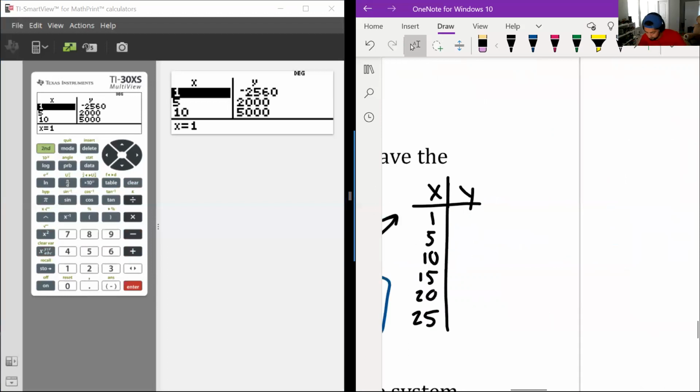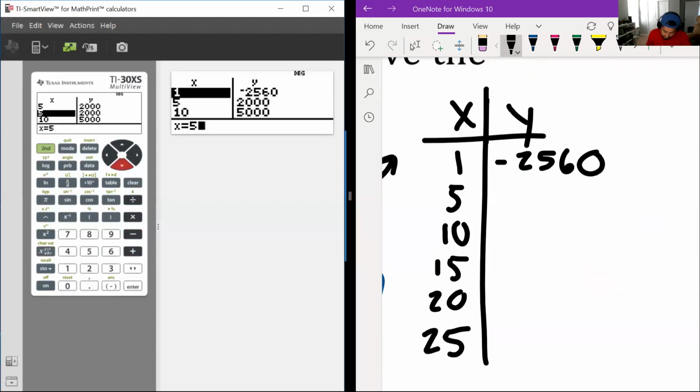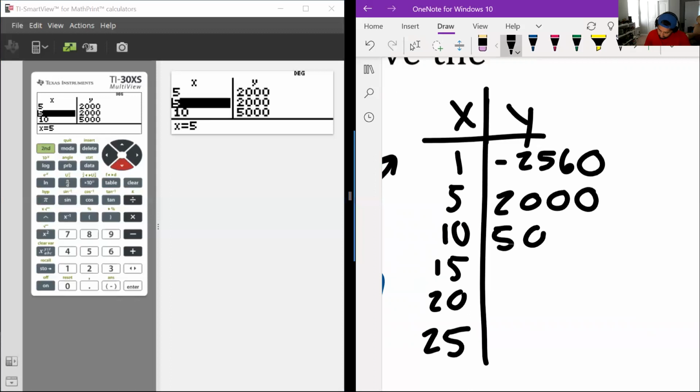And one, hey, look at that. Negative 2,560. And then there's 5 down there. 2,000. 5,000.